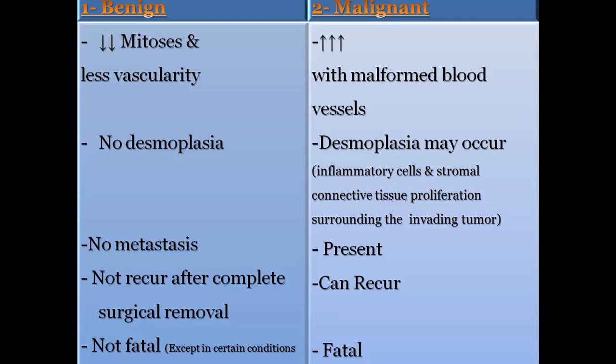Benign tumors, if removed surgically well, don't recur. While malignant tumors, because they grow by invasion, may have hidden cells inside the tissue, so even after surgical removal, they may recur. Benign tumors are mostly non-fatal. They are not deadly, except in some certain conditions that we will mention later on in this lecture. While malignant tumors, because they form destruction of tissues and spread, may be fatal.